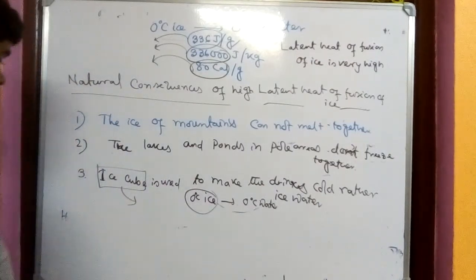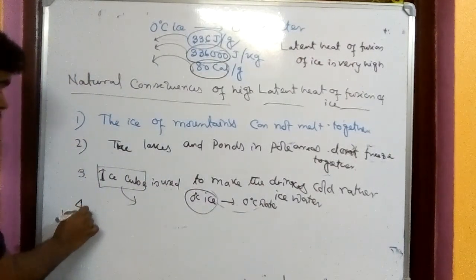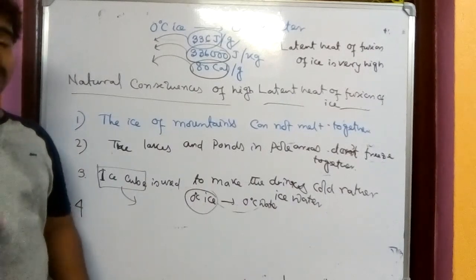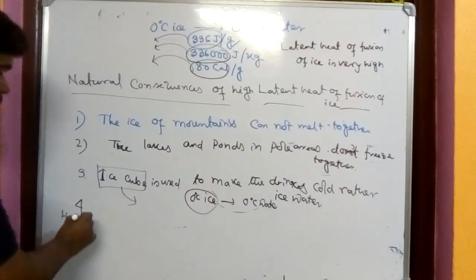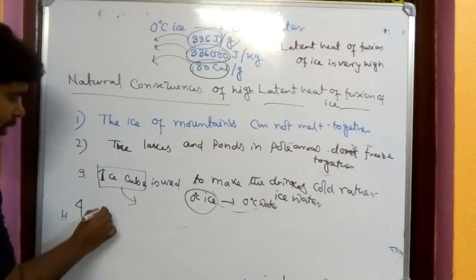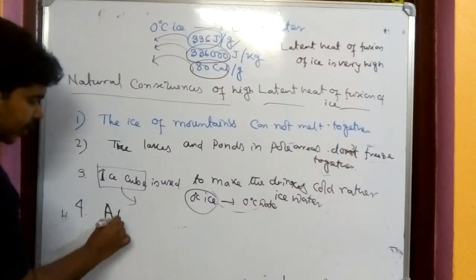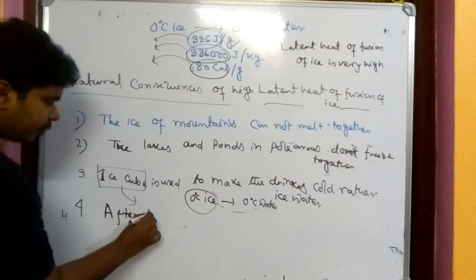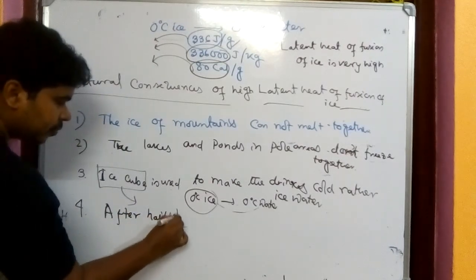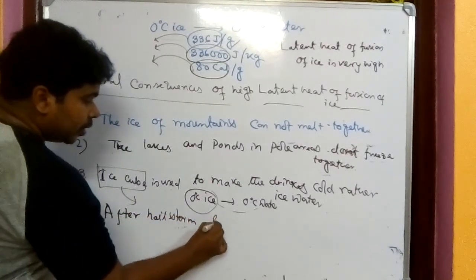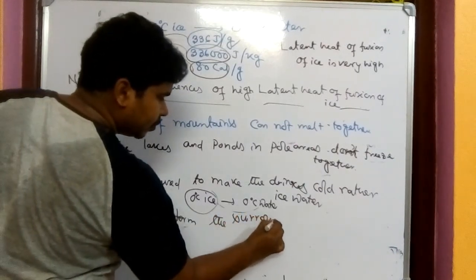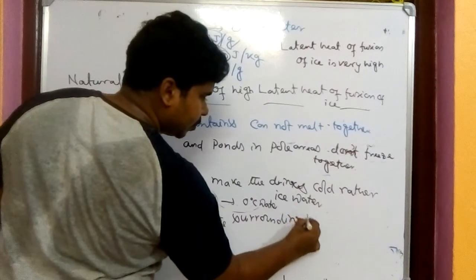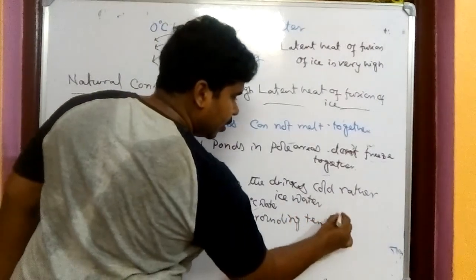Okay, number 4, coming to another natural consequence, hailstorm. It is a new term to you. During hailstorm or after hailstorm, the surrounding temperature decreases.